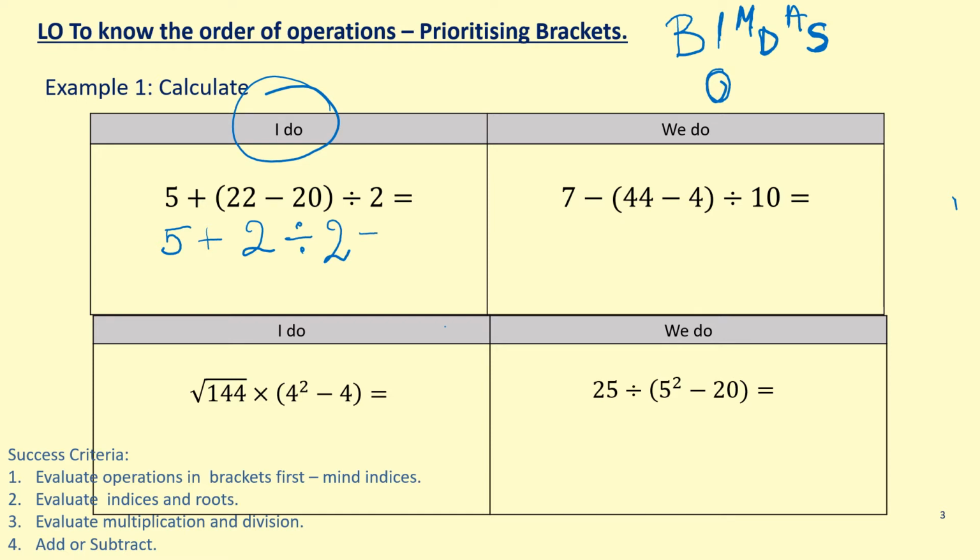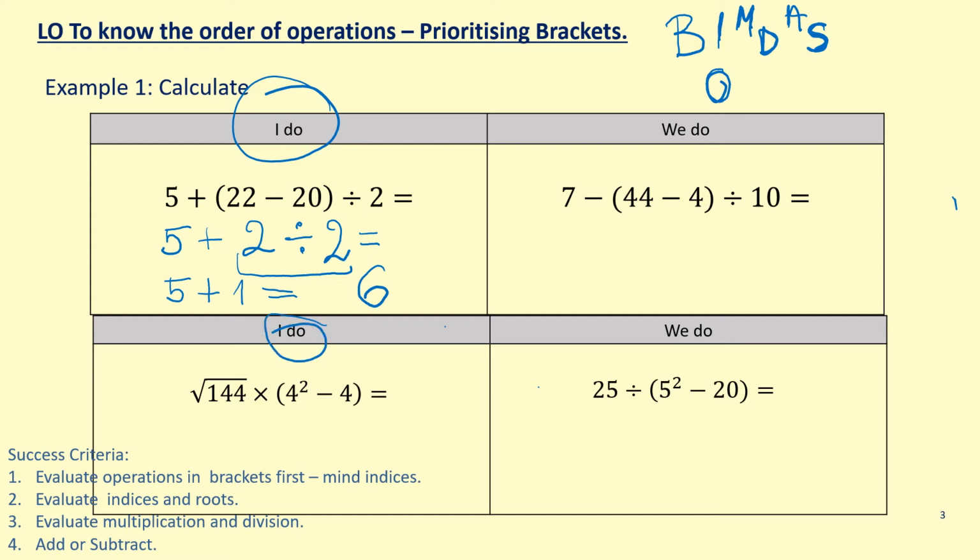Okay, this is equal to, right, so I've got addition and division. Division comes before addition, so first I need to divide. This is what I'm going to do first. So now I have 5 plus 2 divided by 2 is 1. So the answer is 6.